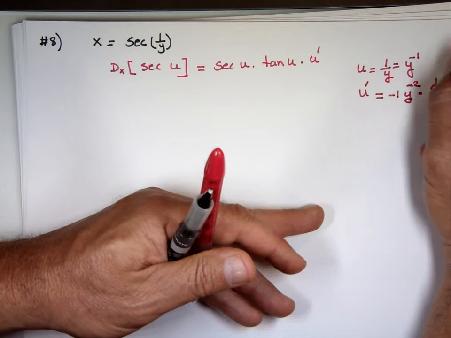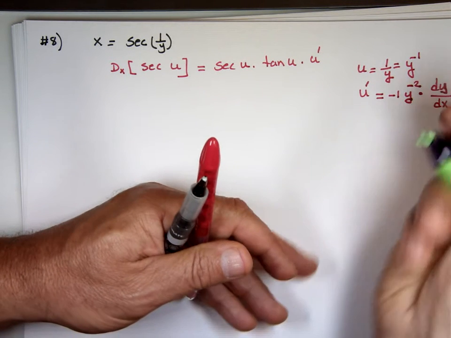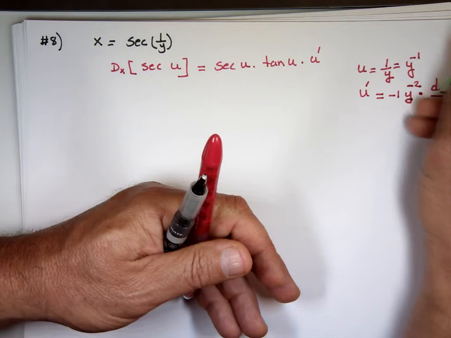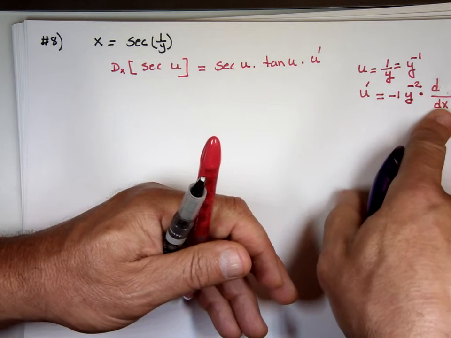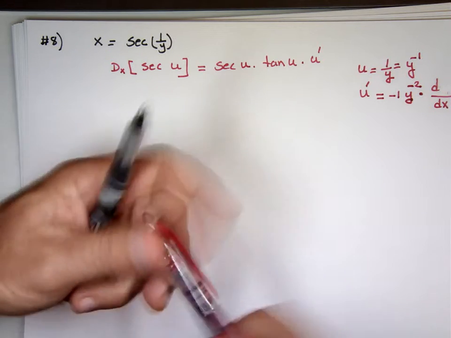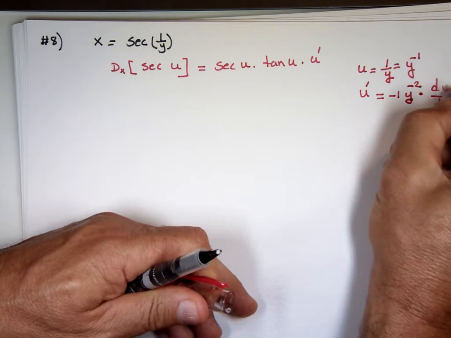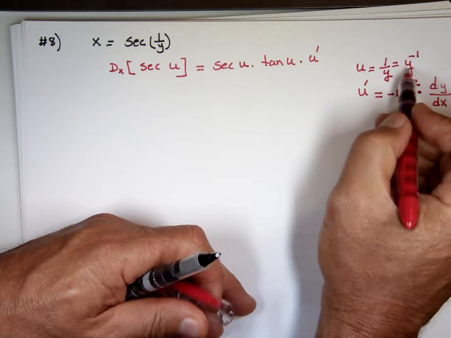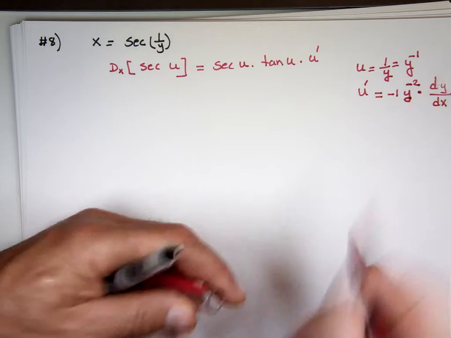Eventually it's going to be dy dx, so I'll just leave it, because that's going to be my derivative. This piece times dy dx.